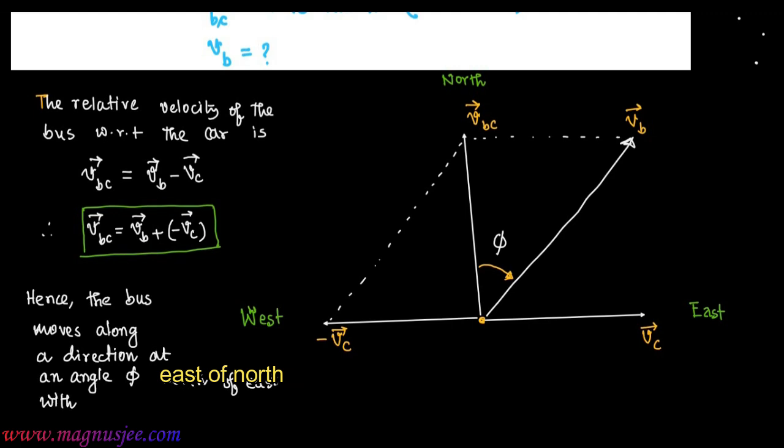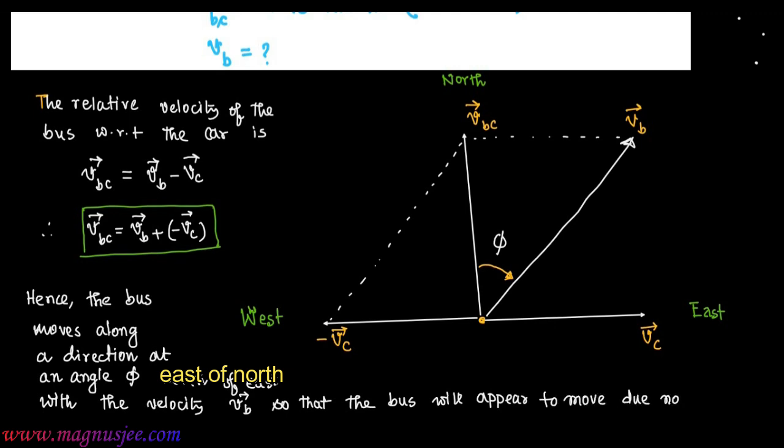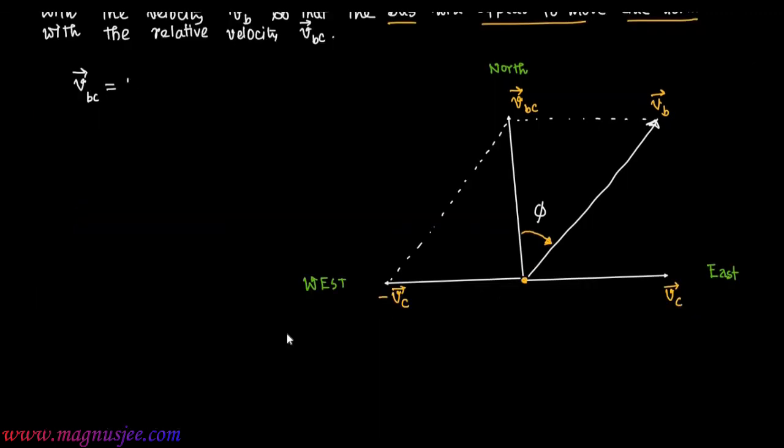The bus moves in this direction with a velocity vector Vb, so that the bus will appear to move due north with the relative velocity vector Vbc.